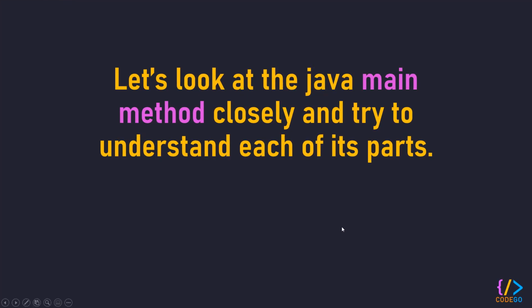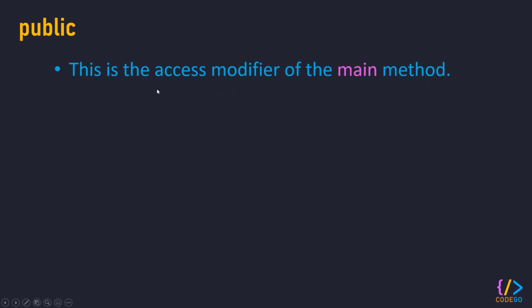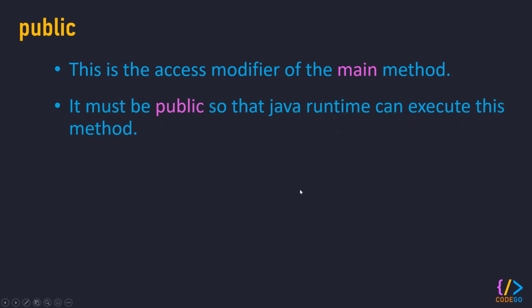So let's look at the Java main method closely and try to understand each of its parts. Okay, so the public. What does public mean? The public is the access modifier of the main method. It must be public so that the Java runtime can execute this method. So again, it must be public. Hindi po natin pwede palitan.